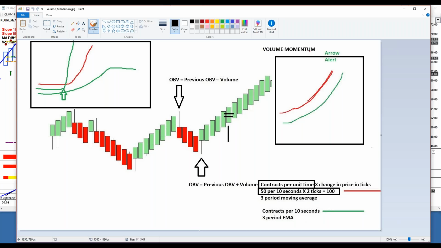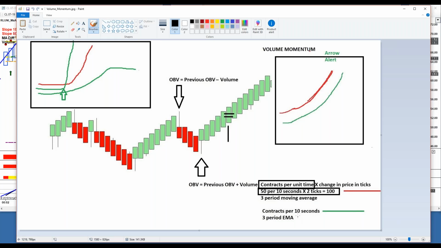Now, the green line that I have on the chart is contracts or shares or lots crossing for every 10 seconds. We already have that indicator. You can set it for any amount of time.